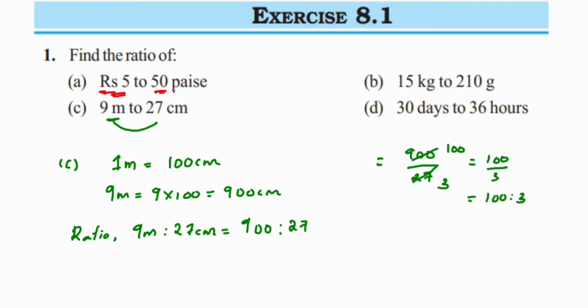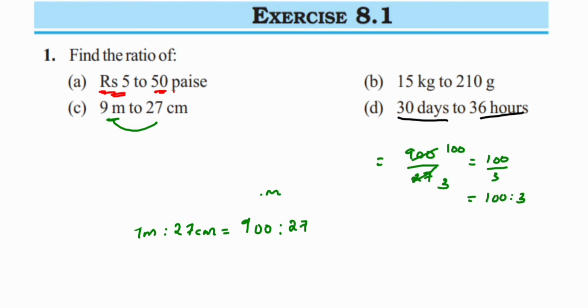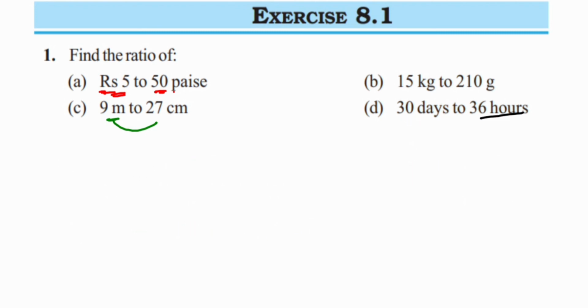That's it. Now we have the last problem, which is 30 days to 36 hours. We're going to convert days into hours. We know that in one day we have 24 hours, so 30 days will be equal to 24 into 30. I'm not multiplying here; I'm just going to do the cancellation.